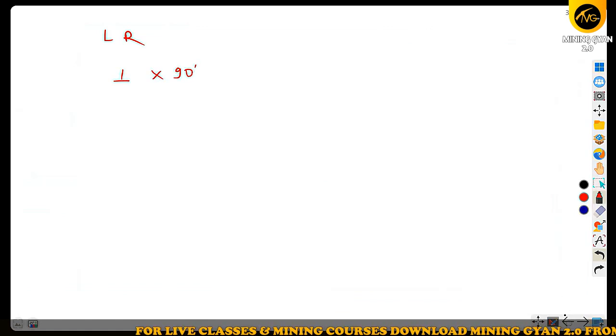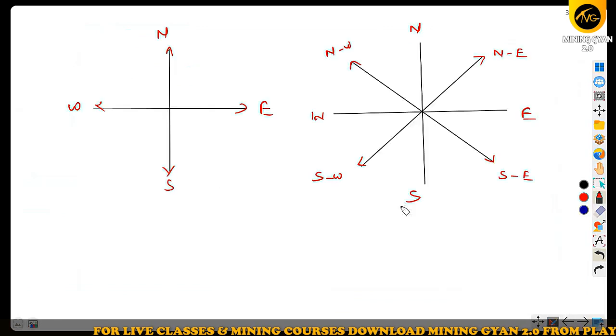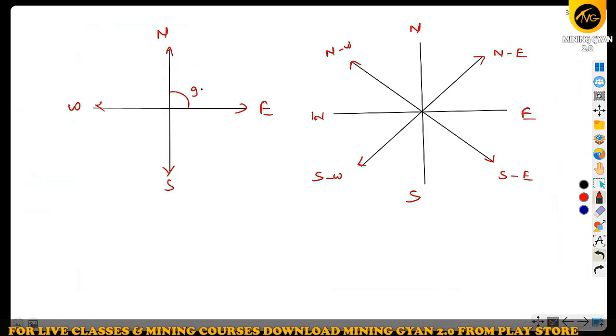ओके. अगर आप किसी भी डायरेक्शन में मूव करते हो, suppose if you are moving left to right condition, then if you turn one time, it will be a 90-degree turn. Always remember the turning angle is 90 degrees, because the gap between two directions is a 90-degree angle.